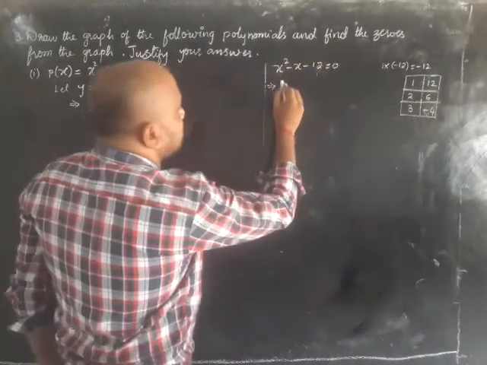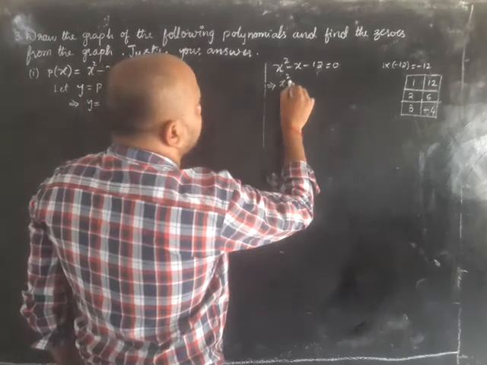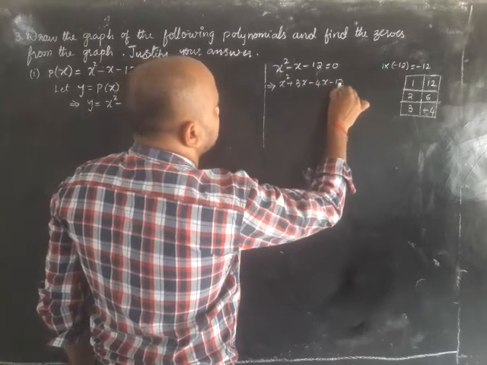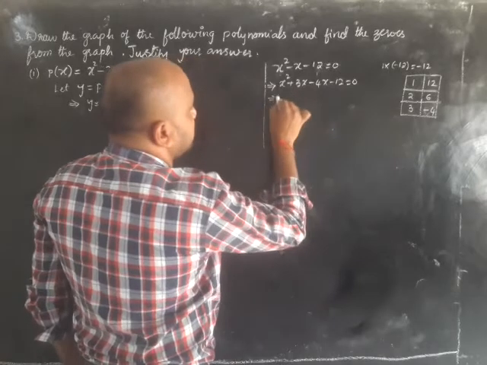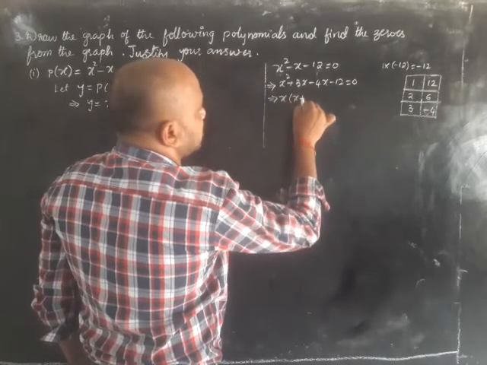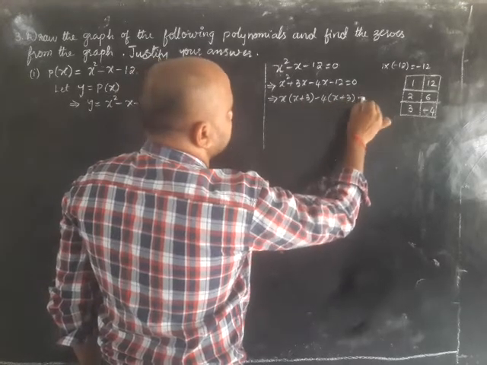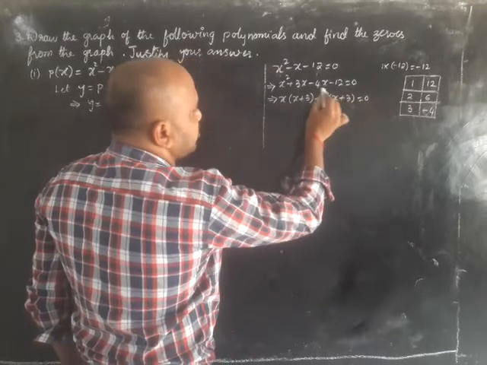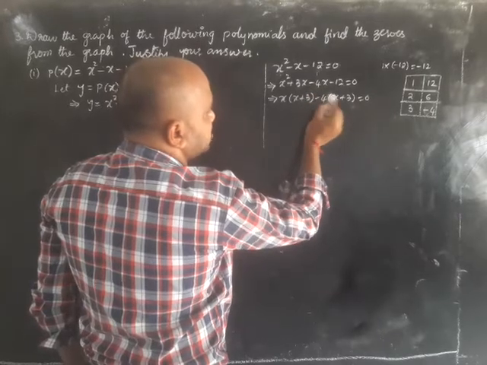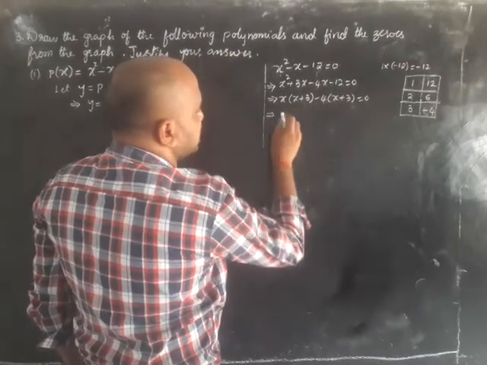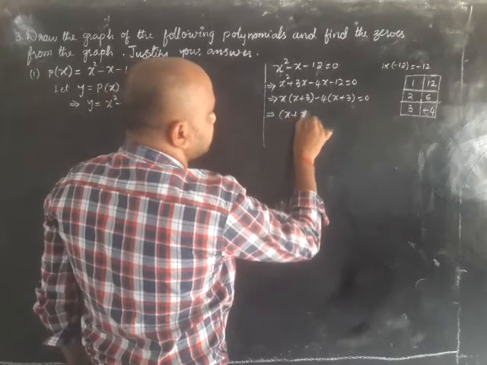So x square plus 3x minus 4x minus 12 equal to 0. Then x common, x plus 3, minus 4 common, x plus 3. Because 4 threes are 12 only, so when we take minus out, the minus will become plus. From these two, again x plus 3 is common here.